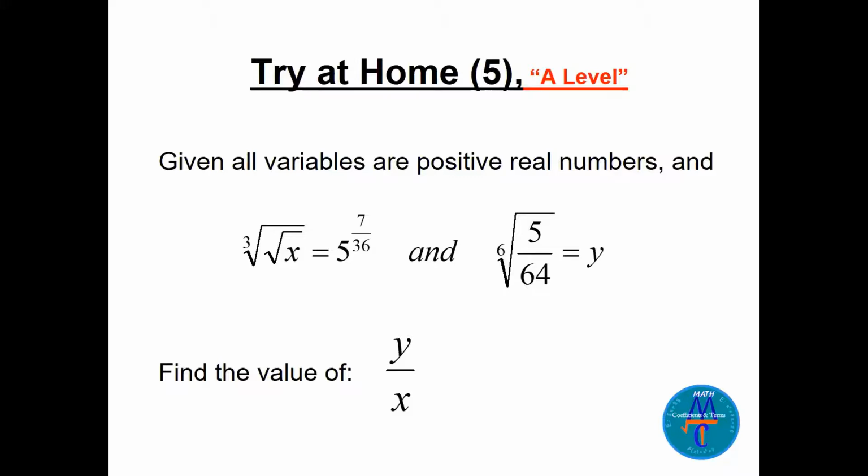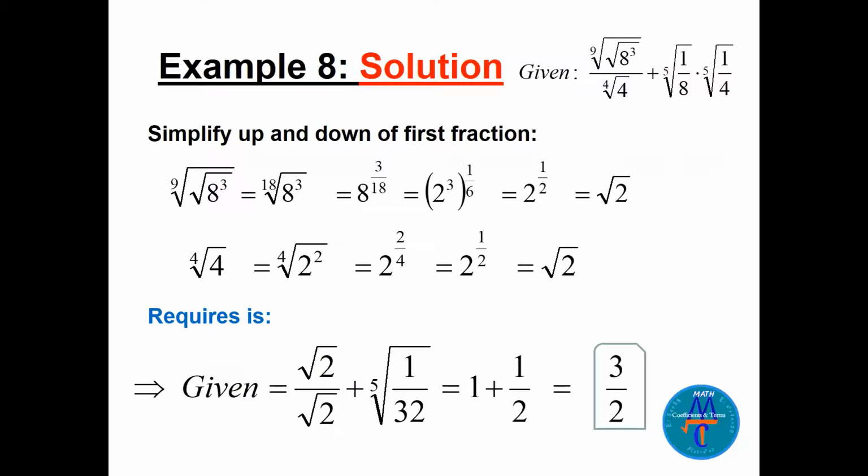Look here. Cube root of square root of x is equal to this. And here the 6th root of this is equal to y. So it's very clear that I need x, I need y. After you finish, find the value y over x. It's a very interesting question, similar to example number 8.